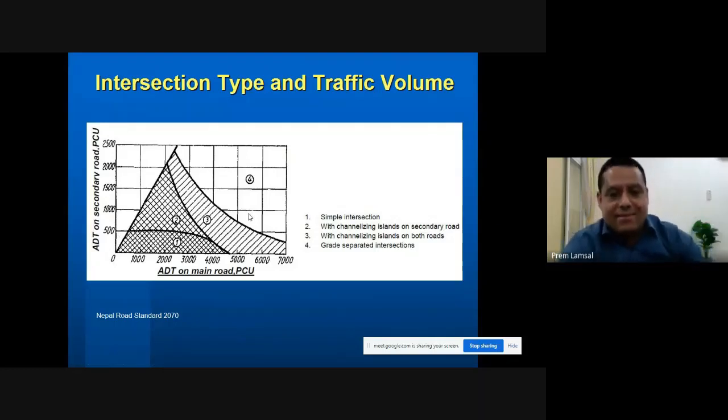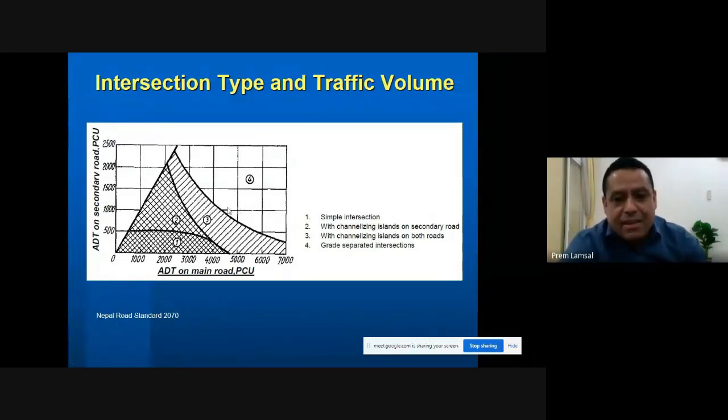But as per my understanding, my experience and international standards, I think this graph is not correct. This is very important. That could be the reason that here in Nepal people normally prefer to go for grade separated intersections. To be honest, grade separation is not required as per this graph.